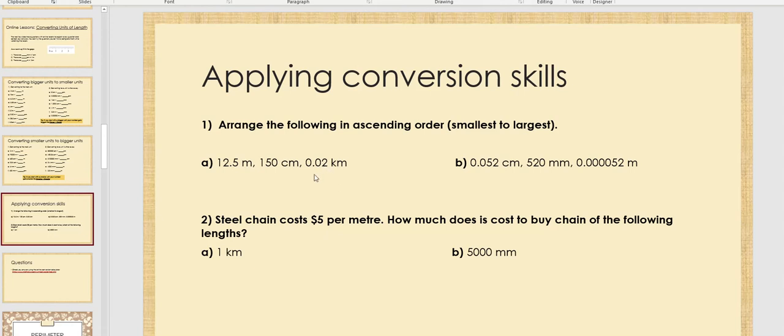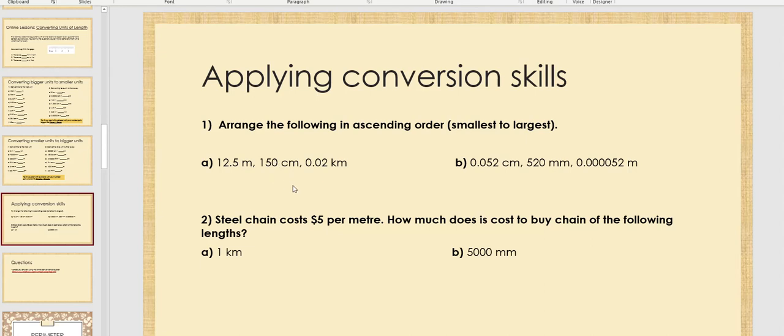Now, it's up to you which unit you choose to convert to. I can convert these two to meters, or I can convert these two to centimeters, or all of them to kilometers. Doesn't matter, we can still compare numbers and arrange them.